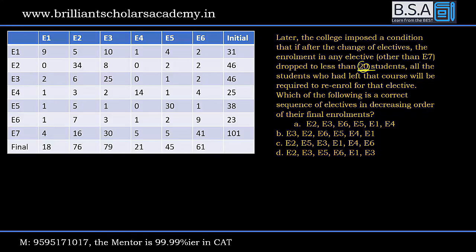That means they will not teach fewer than 20 students. If the students go below 20, people who left have to come back. Which of the following is the correct sequence of electives in decreasing order?